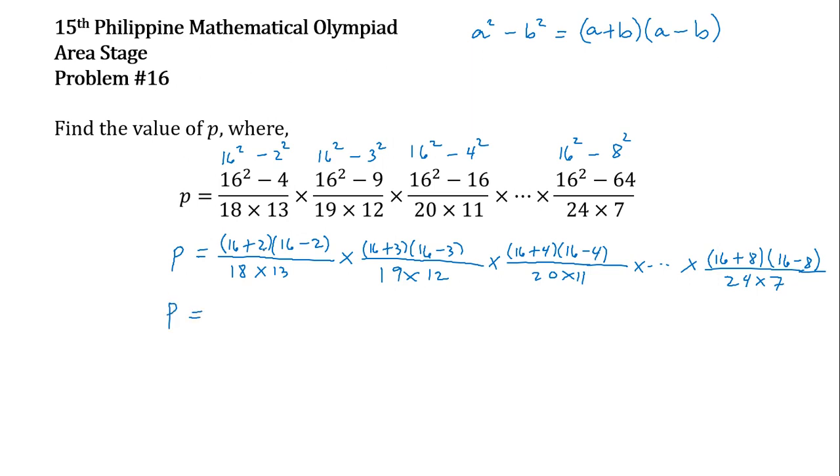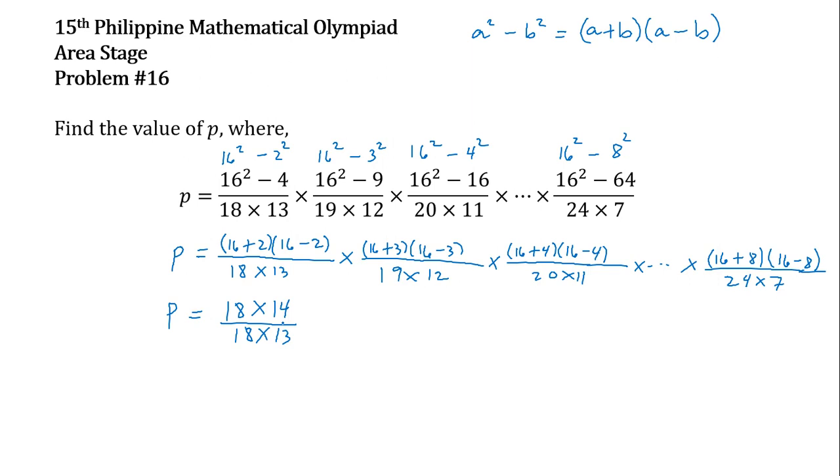Now let's add and subtract the components in the numerator. So we have 16 plus 2, that's 18, so we have 18 times 14 over 18 times 13. Now we see a common factor in the numerator and denominator.